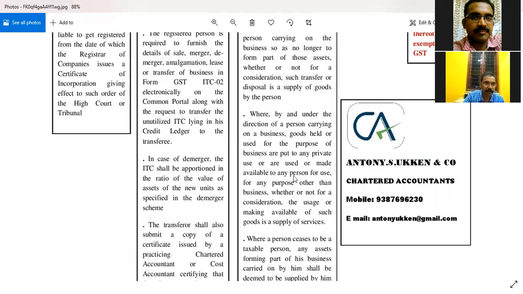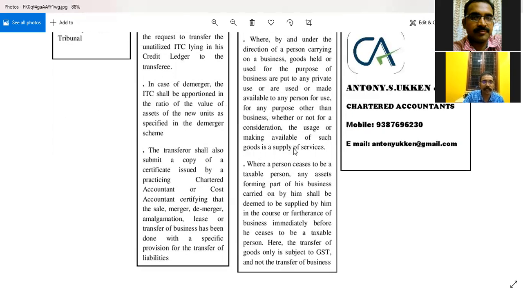Then the next situation is that when a person ceases to be a taxable person, then any asset forming part of business carried on by him shall be deemed to be supplied by him. It is a deeming provision.